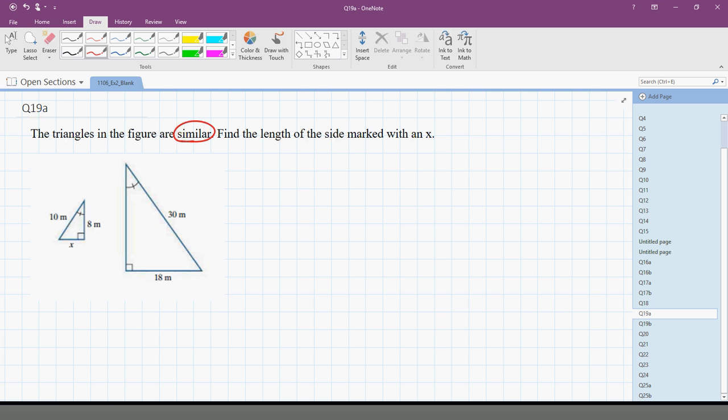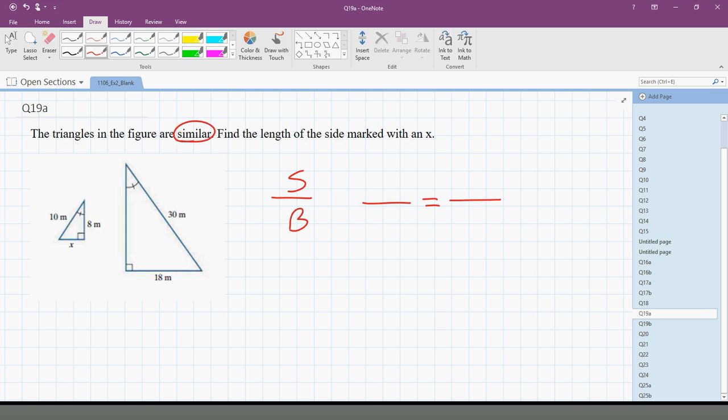So remember in class I said this is all about being consistent, like going from the big triangle to the small triangle, or the small triangle to the big triangle. So John, what do you like to do? Do you like to go from the big triangle to the small triangle, the small triangle to the big triangle? Small to big. So let's keep it going that way the whole time. So we're going to do a proportion where we get something on the small compared to the same side on the big. And then we'll get another side on the small and compare it to the same side on the big.